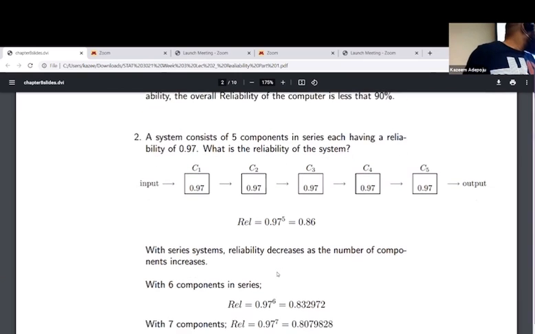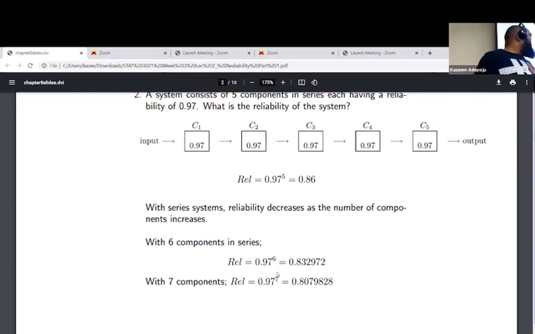Look at that. So it means that as you continue to increase the number of components in a system, if they are connected in series, then the reliability of the system will decrease. If the number of components increases, the reliability is going to go down. That's what you can see right there.